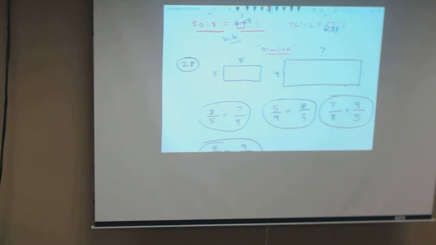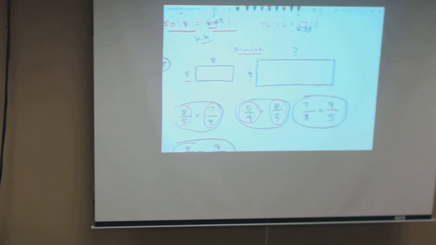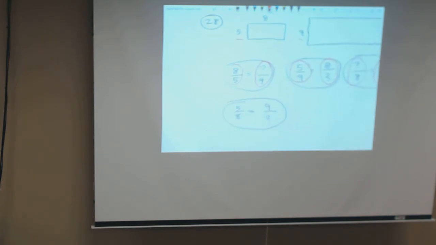So I can put 8 over 5, and that's going to equal the question mark over 9. Or I can put 5 over 9, and that's going to equal 8 over the question mark. You follow that? Or I can put the question mark over 8, and that's going to equal 9 over 5. And all of those problems will give you the same answer.